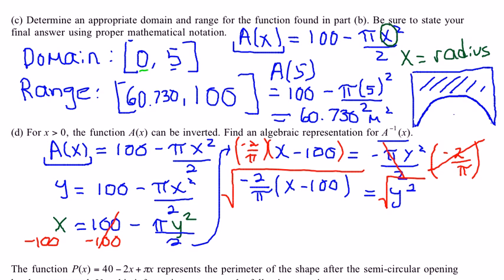We discussed in class that we will have two solutions, positive and negative, but since I'm only caring about values of x greater than 0, I only care about values that are positive, so I won't have to deal with any negatives in this expression. The square root of y squared is going to be y, and this is just the same, the square root of negative 2 over pi times x minus 100.